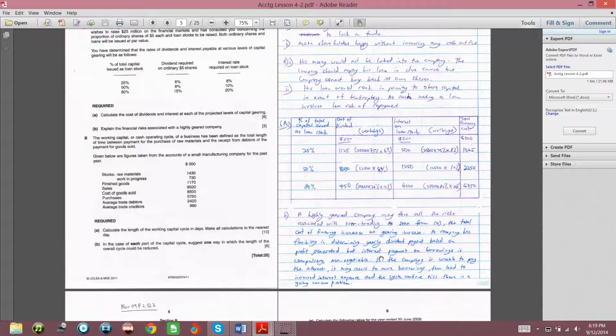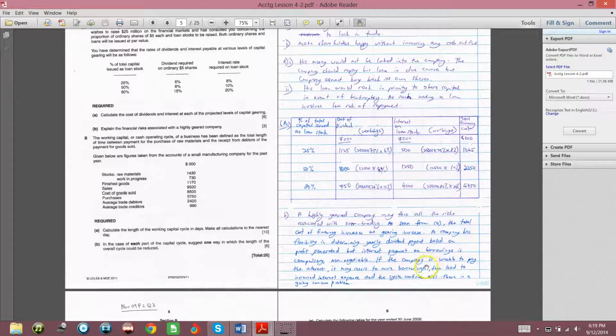But if the company makes profits, the company can determine to pay some dividends, but not so much. But interest is a must. You must pay interest to your lenders. It's not a choice given. Interest payment on borrowing is compulsory, not negotiable.